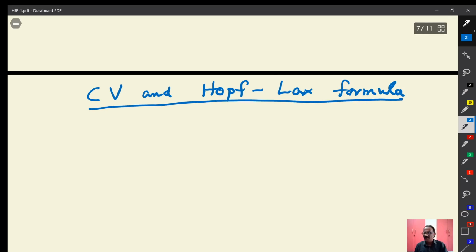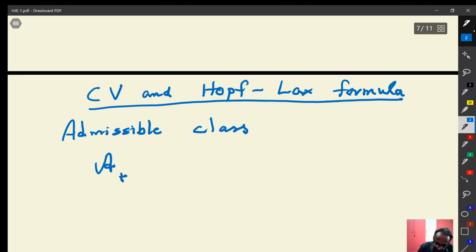Let's see whether we will have enough time to prove it today. So let me do the setup, admissible class. So first we want to do a minimization problem, admissible class first. So let me do it in a very systematic way. So you have your A_t. So X is fixed for the time being. X fixed.